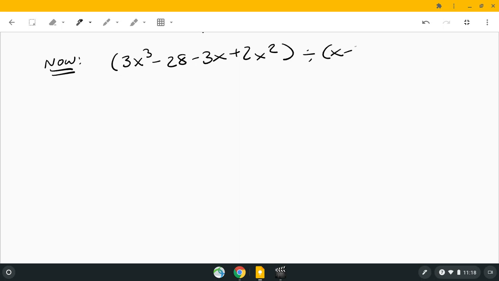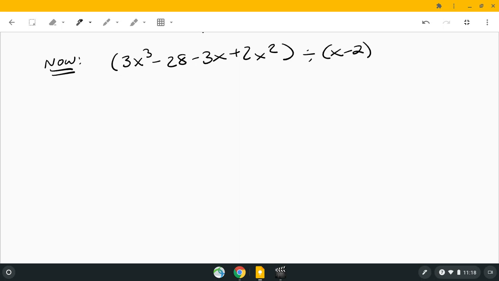Now what we want to do here is divide these two polynomials. Suppose I have this one here, 3x cubed minus 28 minus 3x plus 2x squared, divided by x minus 2.